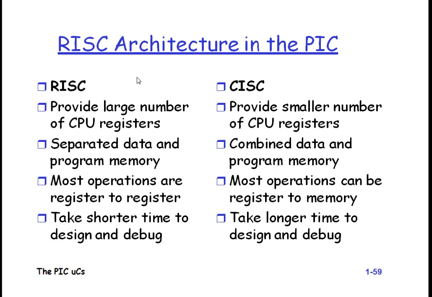RISC also provides a large number of CPU registers and separates data and program memory. Most operations are register to register, which takes shorter time to design and debug. CISC provides a smaller number of CPU registers and combines data and program memories. Also, most operations can be register to memory, which takes longer time to design and debug.